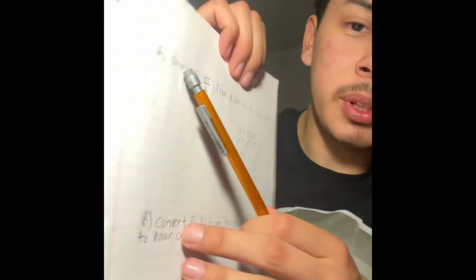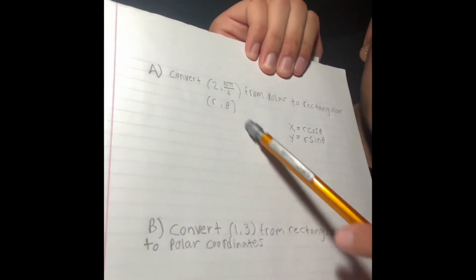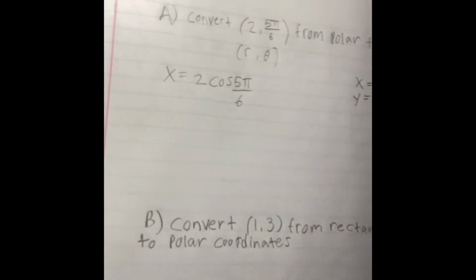I have it labeled here. So r and then theta, they line up. So x is equal to 2 cosine of theta, and theta is 5 pi over 6. So that's how you start it off.